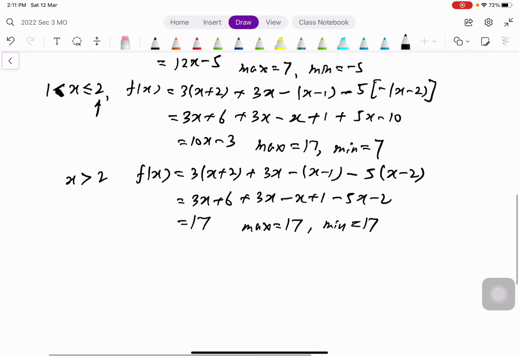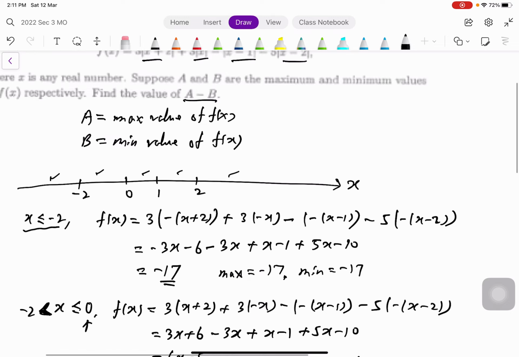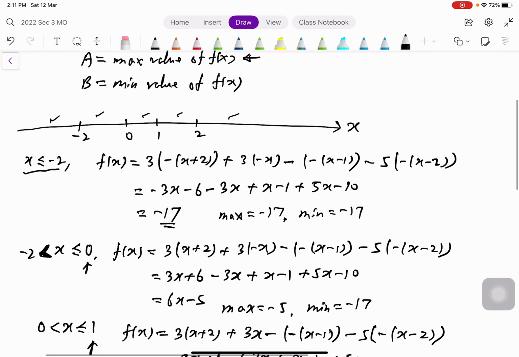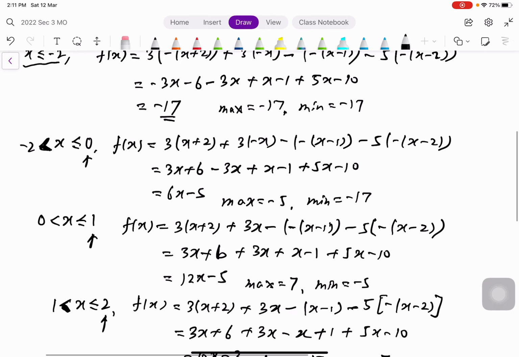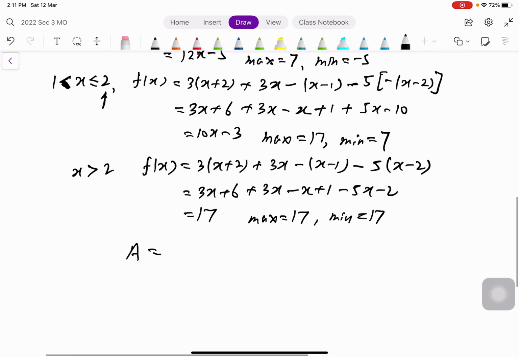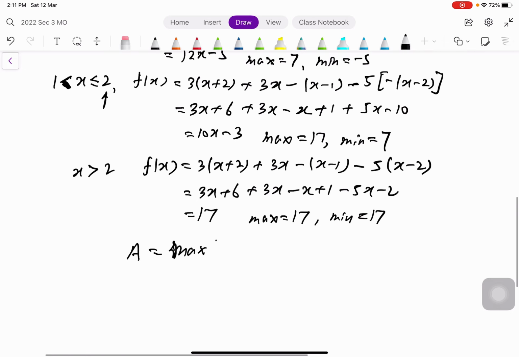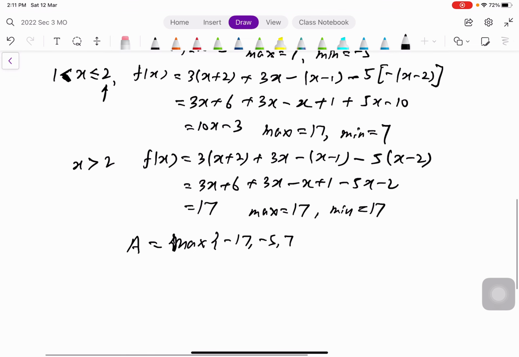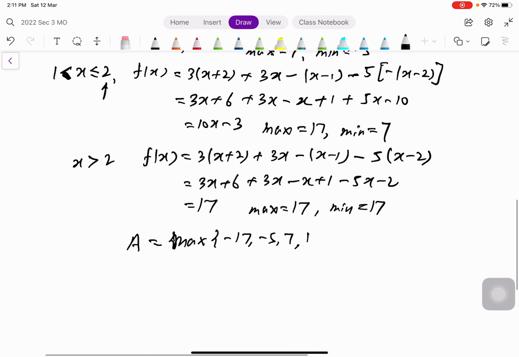Therefore, A is the maximum value of the f(x) function, so you look at all the possible maximums. It is the maximum of minus 17, minus 5, and 7, and then 17, and also the last one is 17.